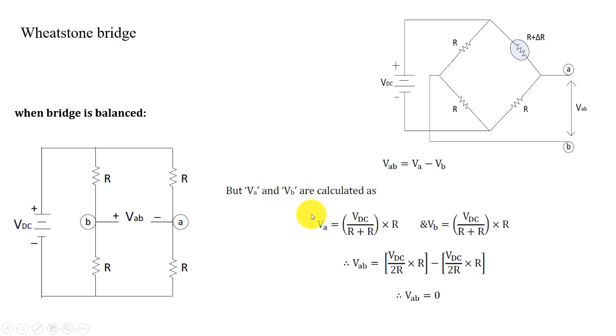To calculate VA and VB, VA is VDC times R upon R plus R, and similarly VB is VDC times R upon R plus R. So if all the values are equal, we directly get the output voltage equal to 0. This is called the balance condition of the bridge.